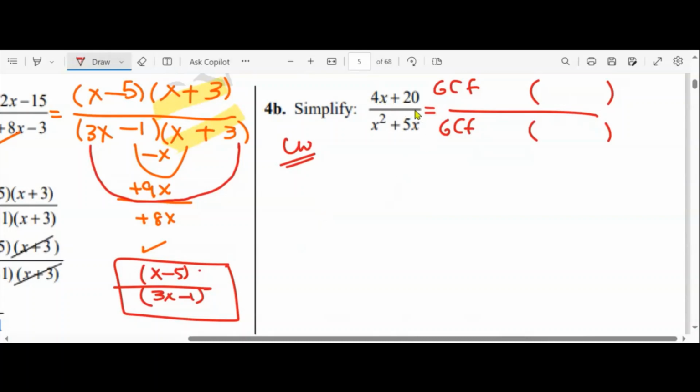What's the greatest common factor on the top? 4, right? Divide by 4. What do you get? X plus 5. What's the greatest common factor on the bottom? X. Divide by X. What do you get? X plus 5.